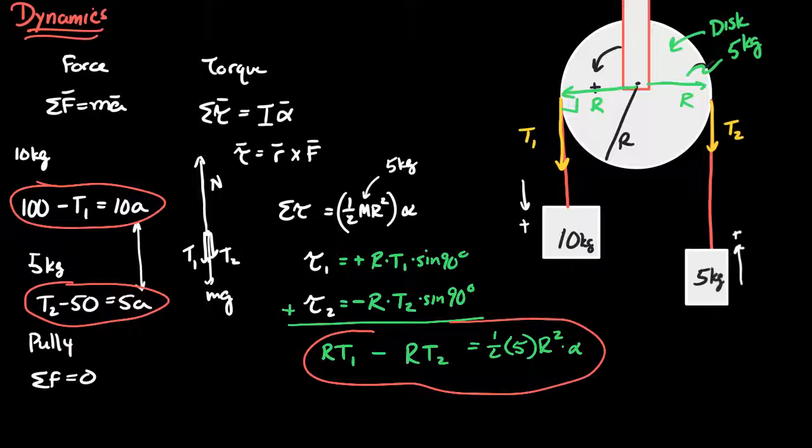In this case, I could use these to solve for T1, T2, or the acceleration. Ultimately, that's all we're here to do. But there are 1, 2, 3, 4 unknowns in only 3 equations.